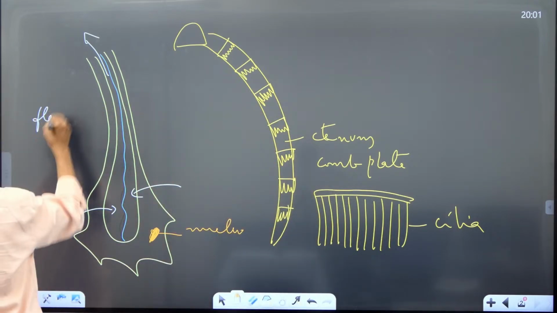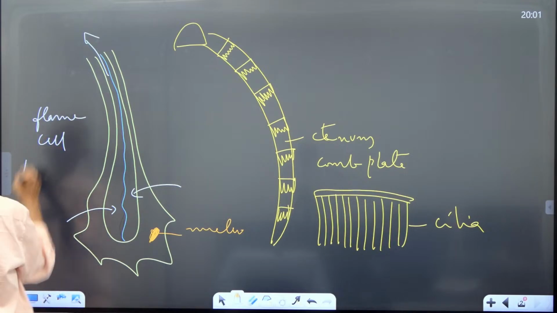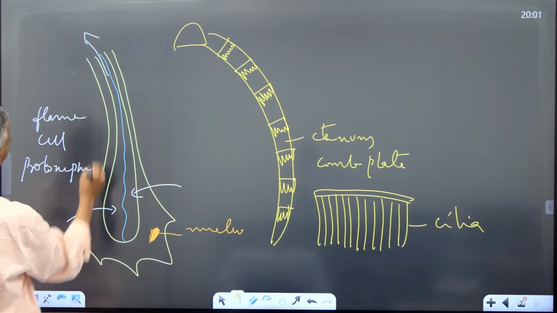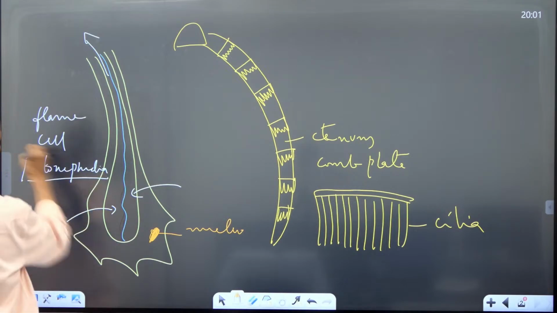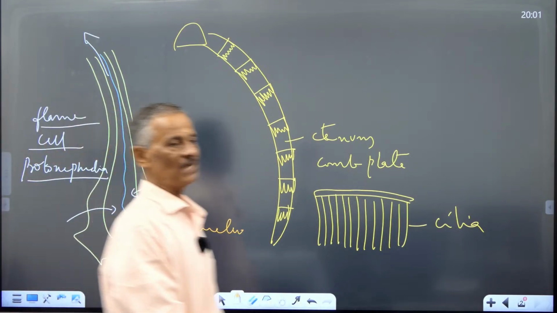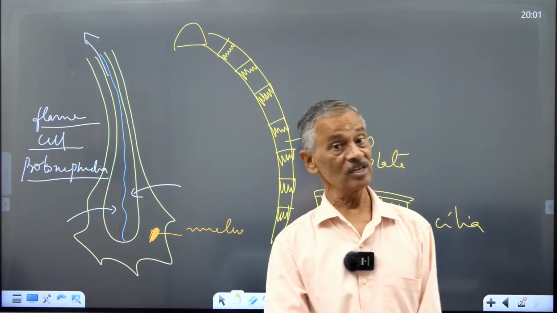It is a very simple type of nephridia, so it is correctly called protonephridia. So excretory organs specially develop from platyhelminths onwards. Why? Because they are all triploblastic.